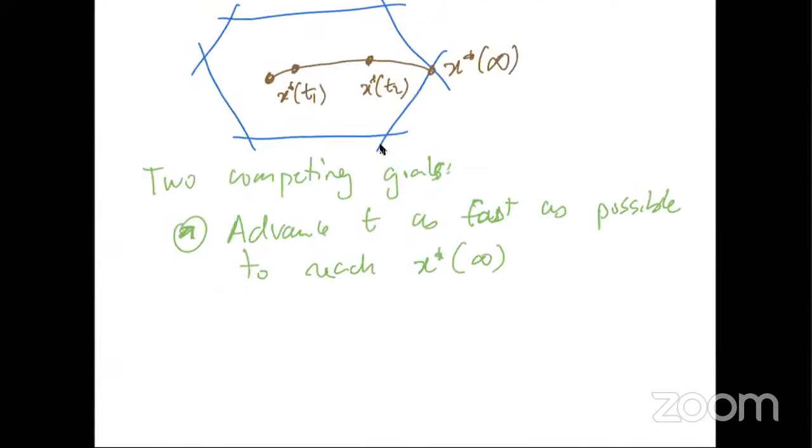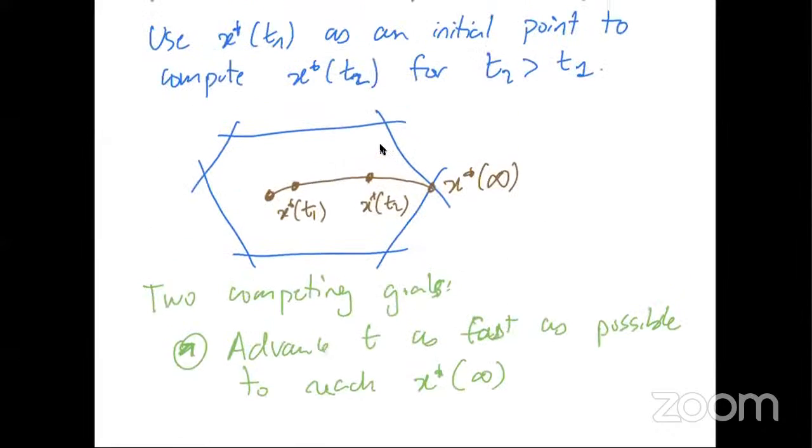But the second goal is, if you advance t too fast, then the x star of t1 that you have will not be a good initial guess for x star of t2. In particular, I'm going to compute x star of t2 by applying Newton's method starting from x star of t1. And really what I would like is that x star of t1 is in the quadratic convergence region for x star of t2.